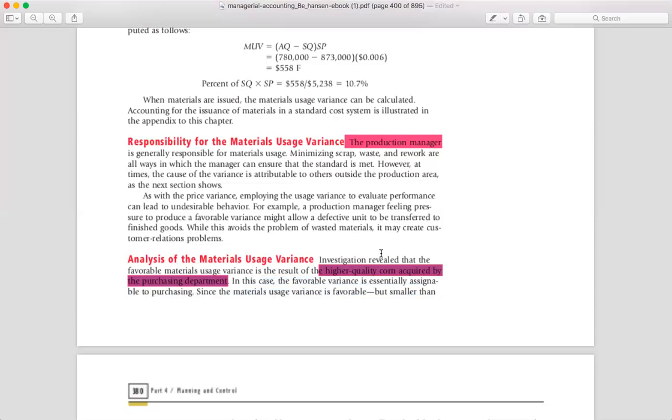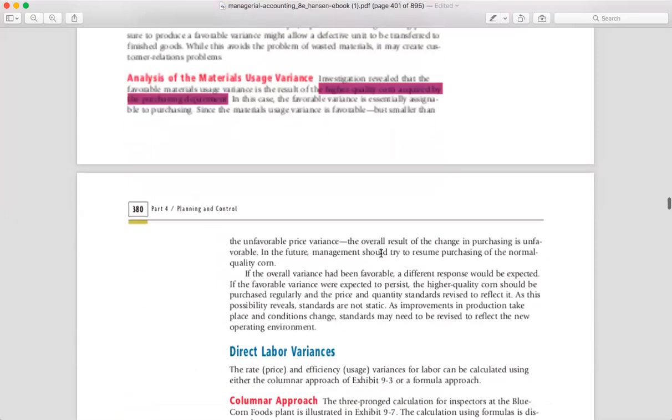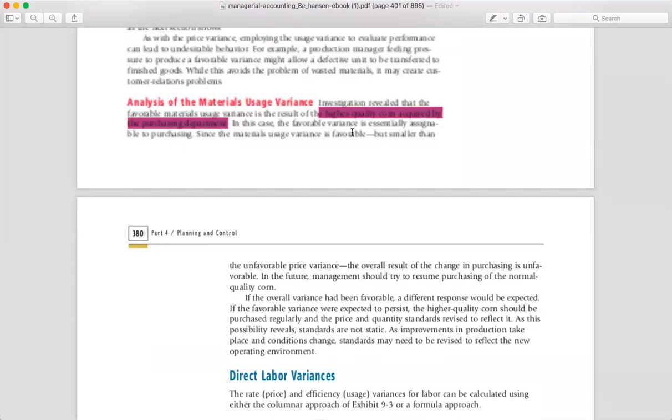So in this case, the favorable variance is essentially assignable to purchasing. It is the result of a change in purchasing, but it is smaller than the unfavorable price variance.